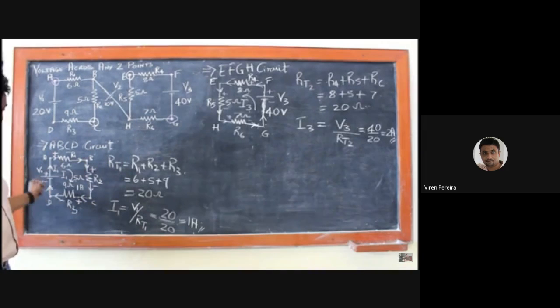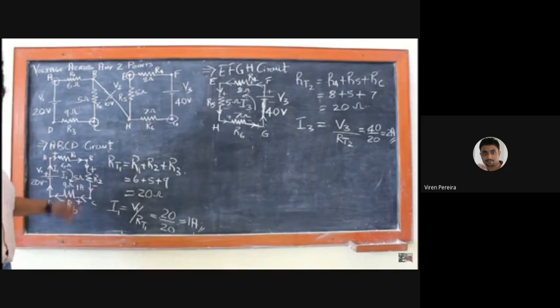There is only one voltage source in this circuit. So 20 volts equals I1, which is flowing in 6 ohms, 5 ohms, and even 9 ohms. So 6 plus 5 plus 9 is 20. So 20 equals 20 I1, wherein I1 equals 1.